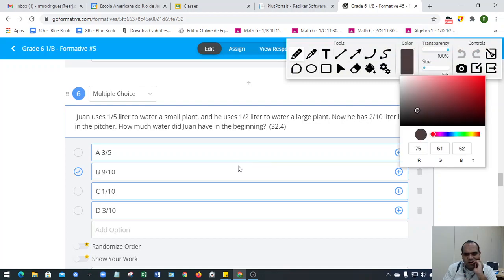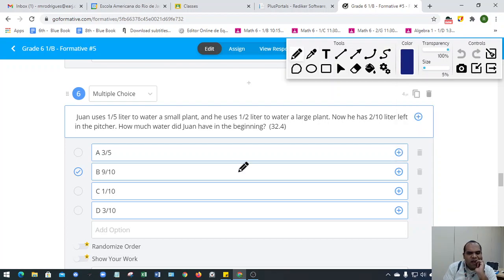First, I'll change the color again. I'll go blue right now. I like blue.